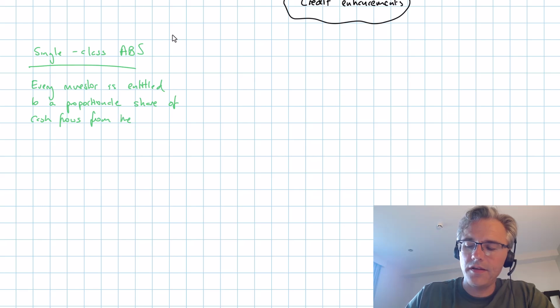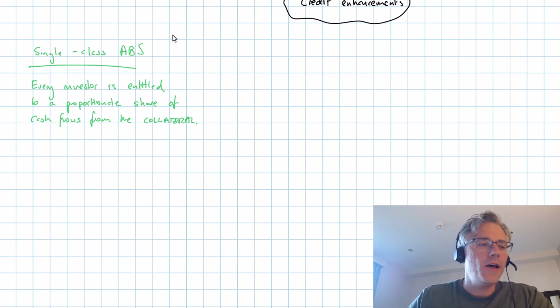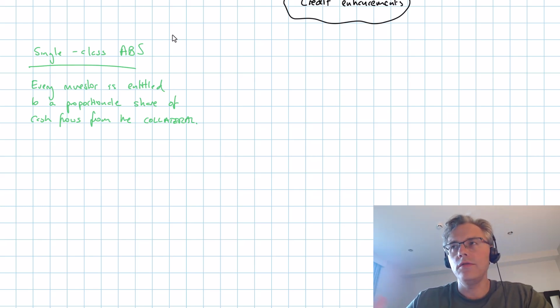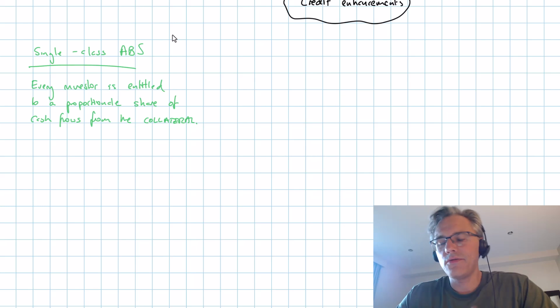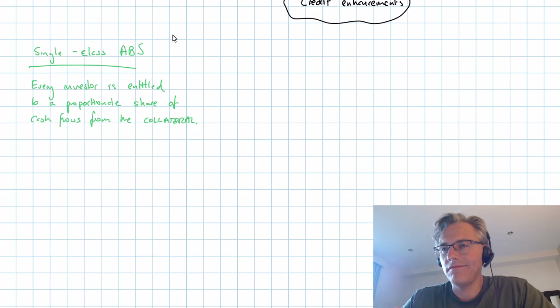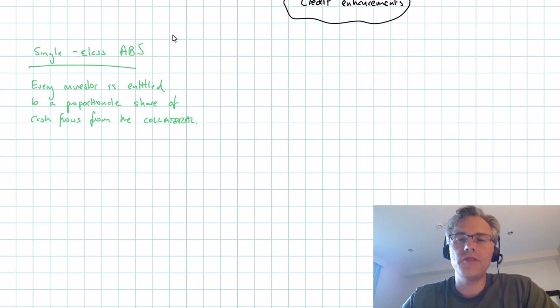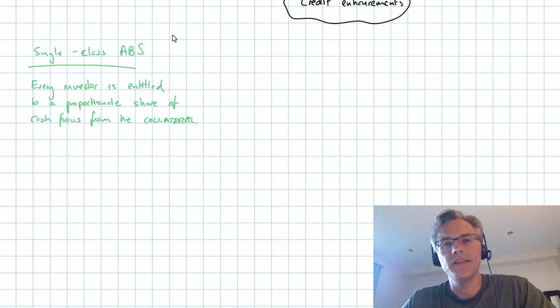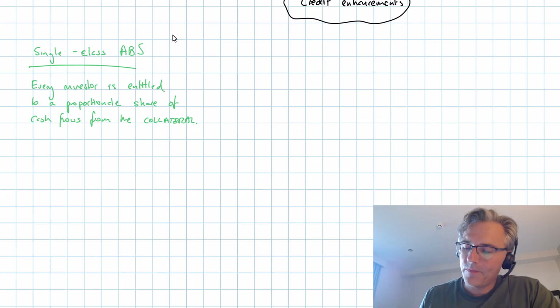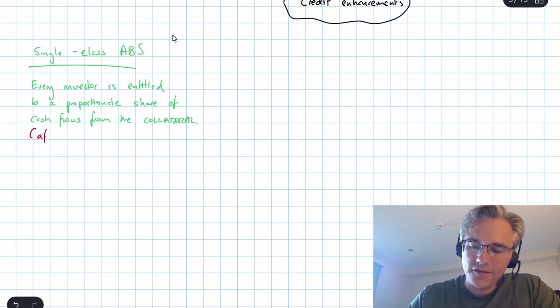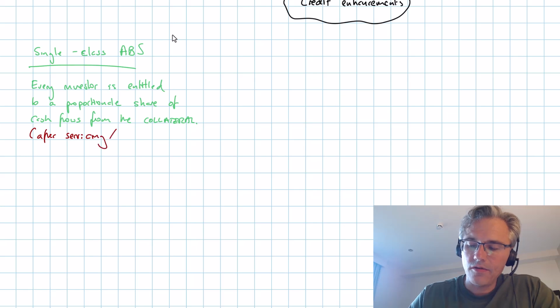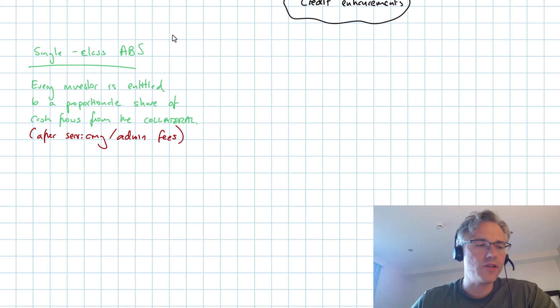So if you hold two of these securities, given that they've got the same class, you'll get 2 times the cash flows as you would in a single class security. Obviously, this is after any servicing or admin fees are taken into account and deducted from those cash flows.